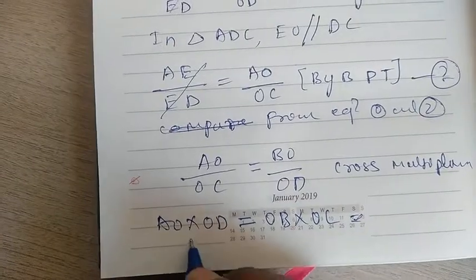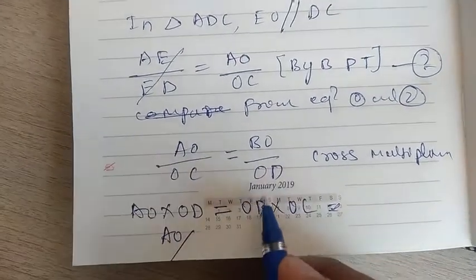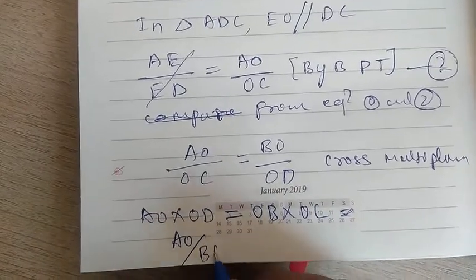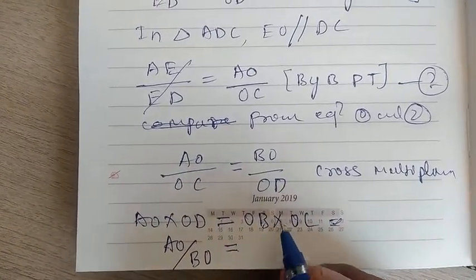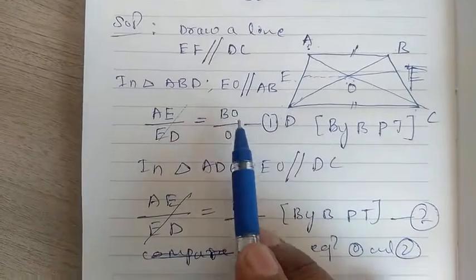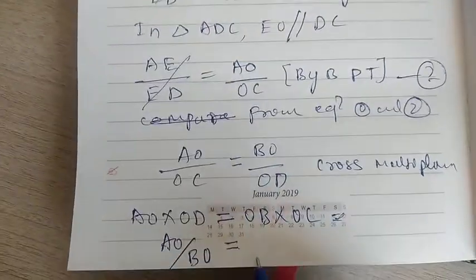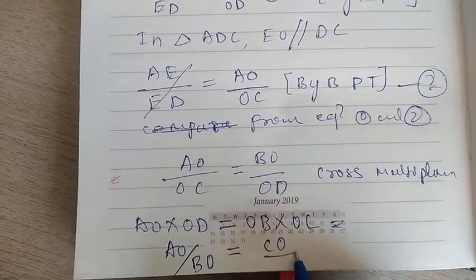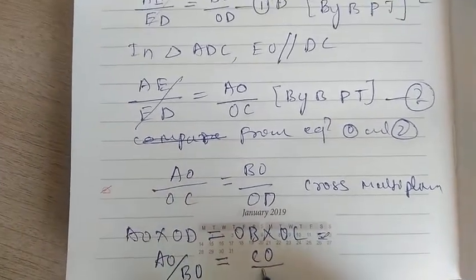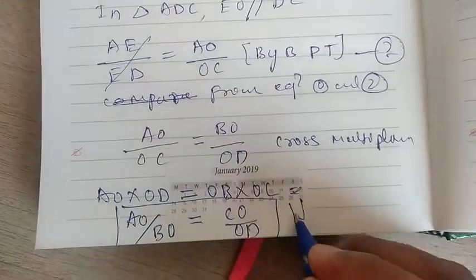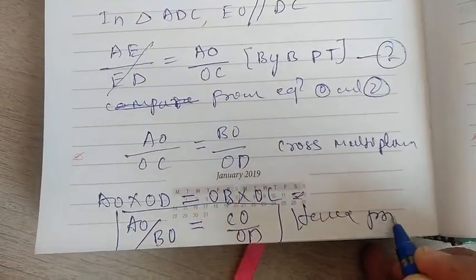Bring this to this side: AO divided by BO is equal to CO divided by OD. See what you have done here: hence proved.